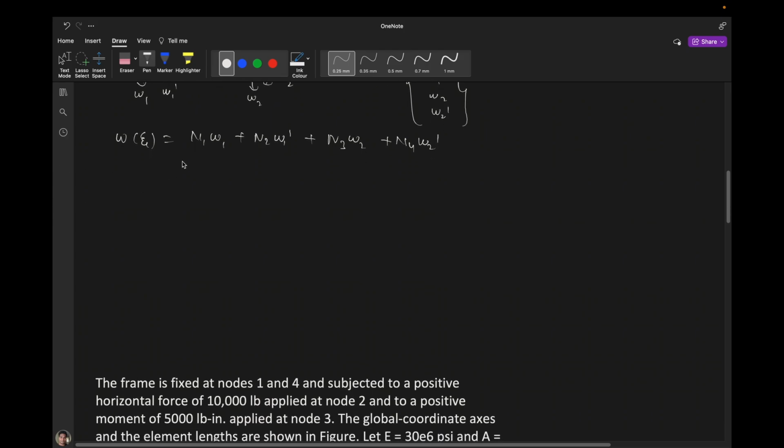And what are the shape functions? These N1, N2, N3, N4, we are using Hermite polynomial shape functions. So this is N1, this is N2, this is N3, and this is N4.